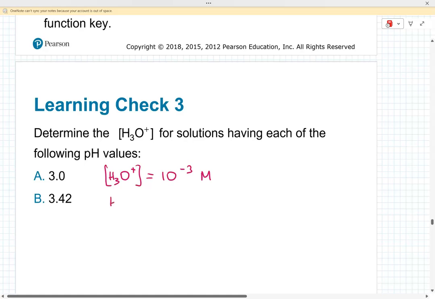So for that, it's going to be 10 to the power of negative 3.42 mole per liter. Okay? You may be asked on the exam to actually do this calculation of 10 to a certain power.